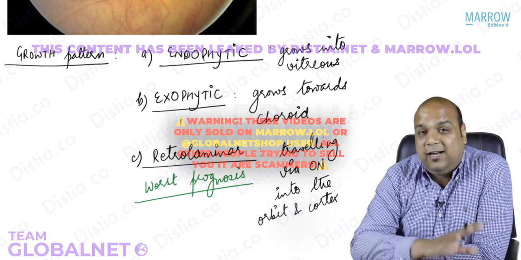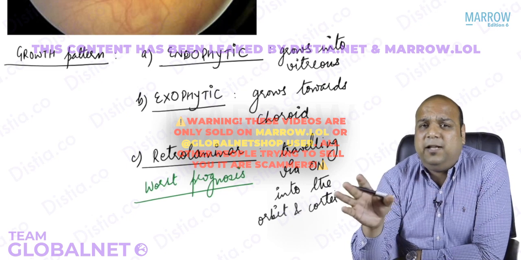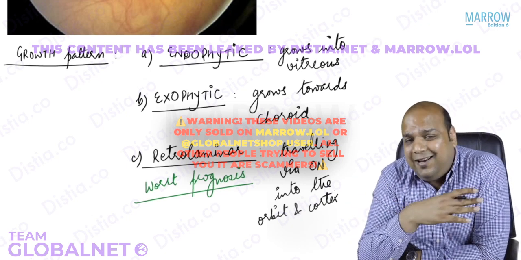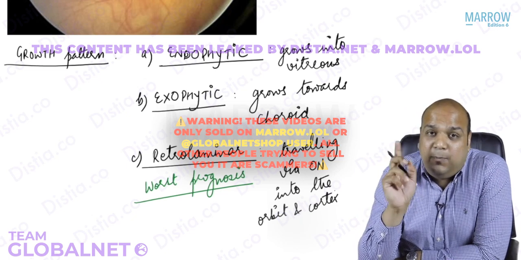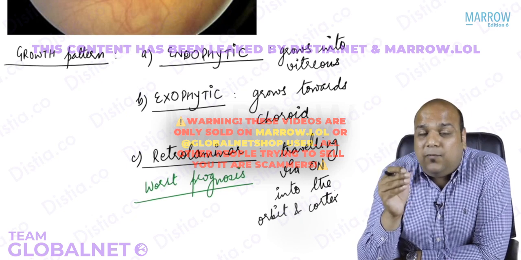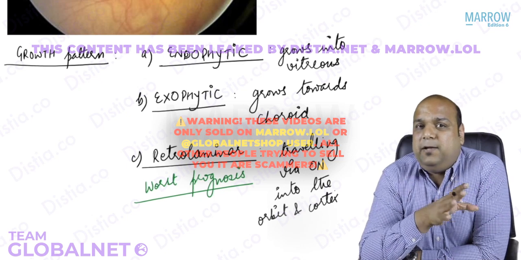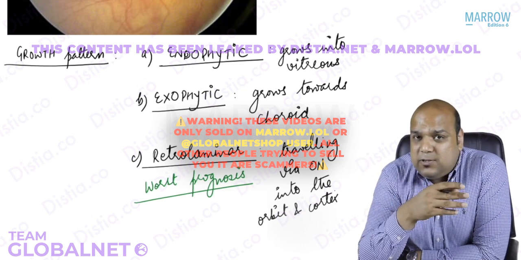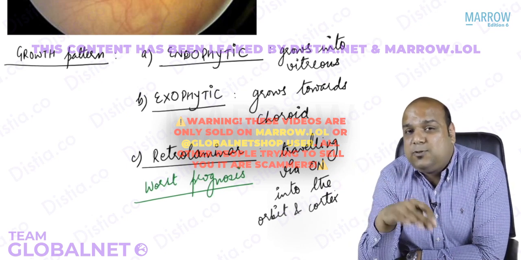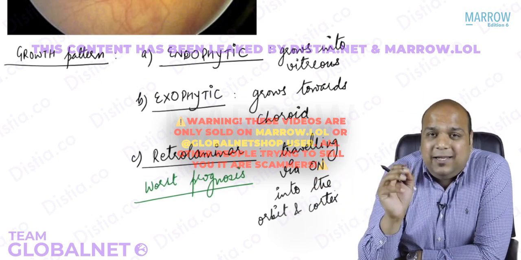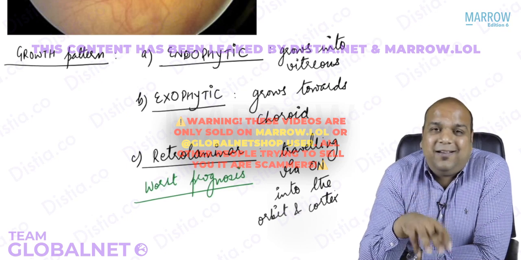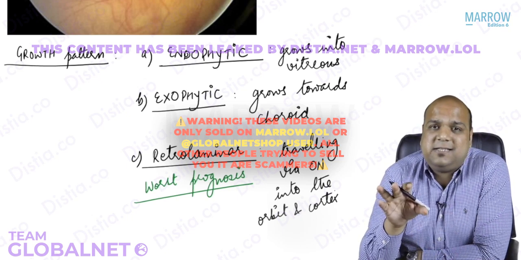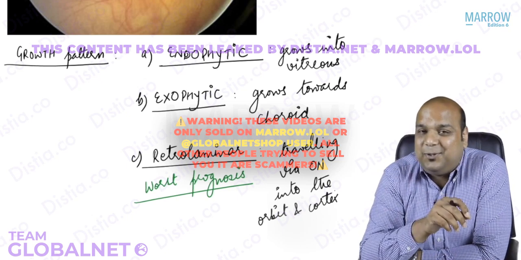Retrolaminar, it is passing the laminar plate, the scleral holes, and it is going outside. Laminar plate of the sclera, I hope you remember, offers the maximum resistance for its growth. So if it is passing that, it is going outside the eye, then it has the worst prognosis, because then we know it is going to lead to intracranial metastasis and other metastases. I hope we understand the growth patterns here.